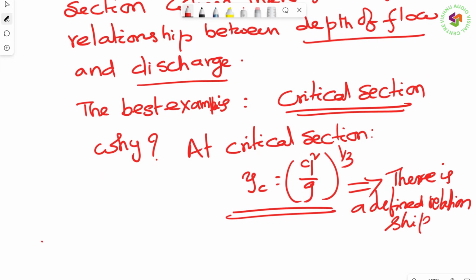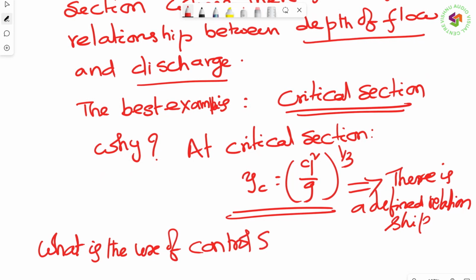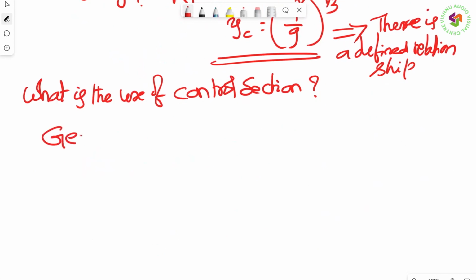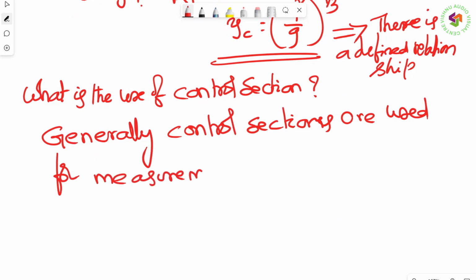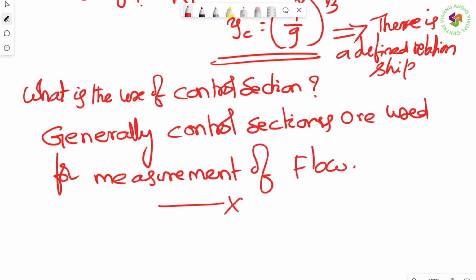So, critical. And what is the use of a control section? Generally, control sections are used for measurement of flow.